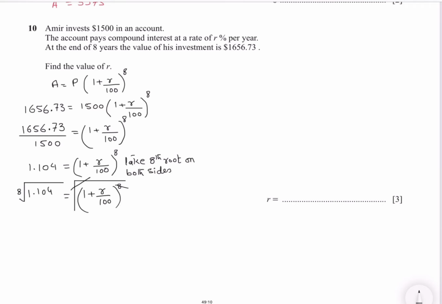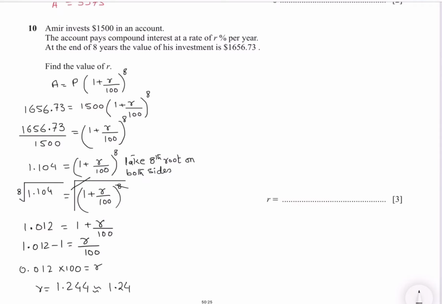So the 8th root and the power will cancel each other out, and the 8th root of 1.104 would be 1.012 equals 1 minus R over 100. From here, make R the subject. So R equals 1.24. So 1.24 you can write in the answer.